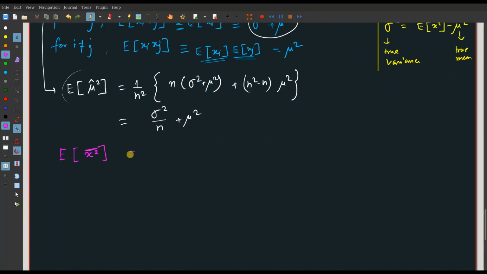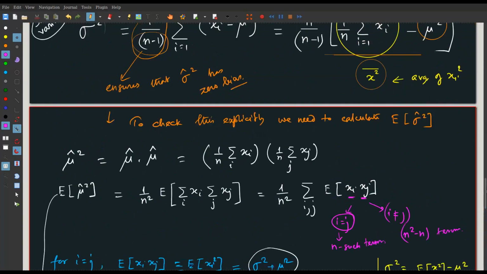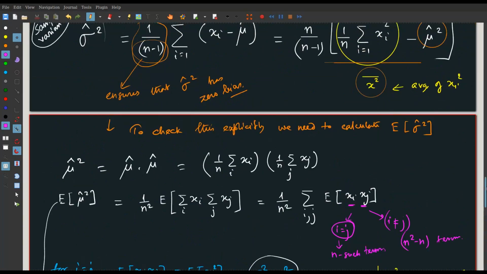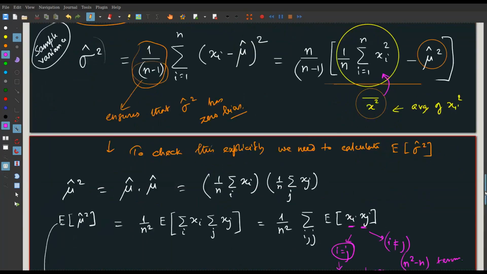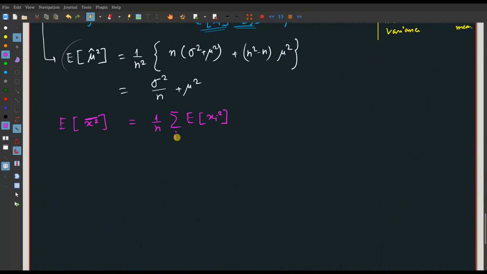The expectation value of x square bar is 1 over n summation over i of the expectation value of xi square, because that is the definition of x square bar. Taking the expectation value, that gives you 1 over n times the expectation value of xi square.